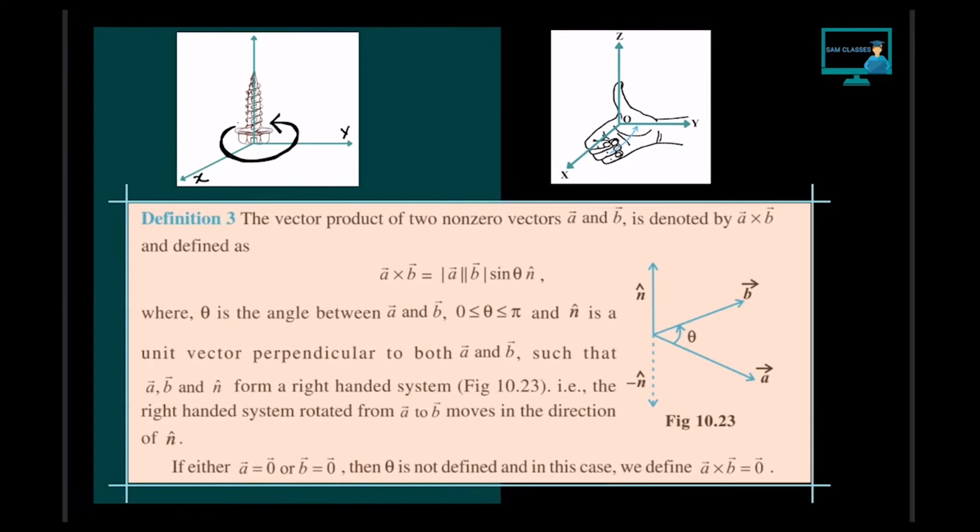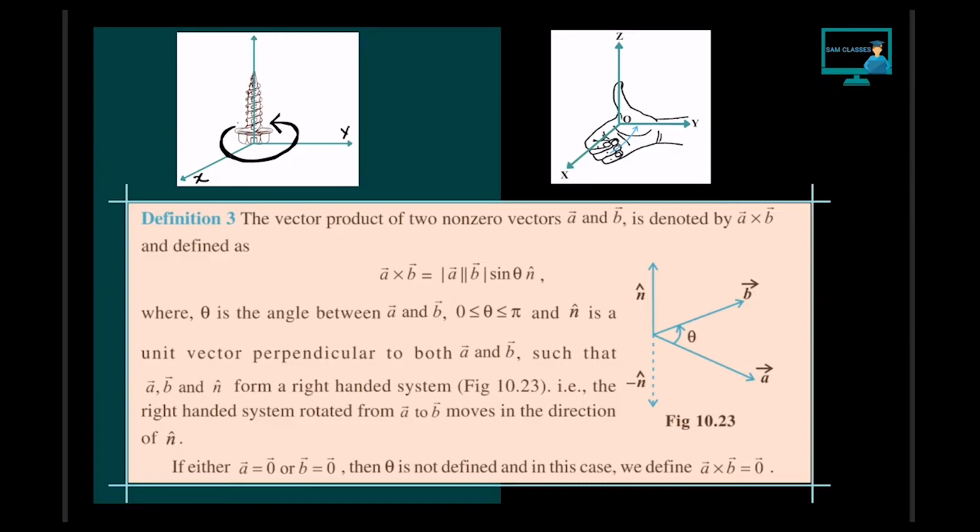Now, next is the cross product. Understand, students, it's very simple. We have two vectors. Let's say you have taken one vector as this one and the other vector as this one. Just imagine your hand. Your four straight fingers show the direction of one of the vectors, and then you curl your hand in the direction of the other vector.